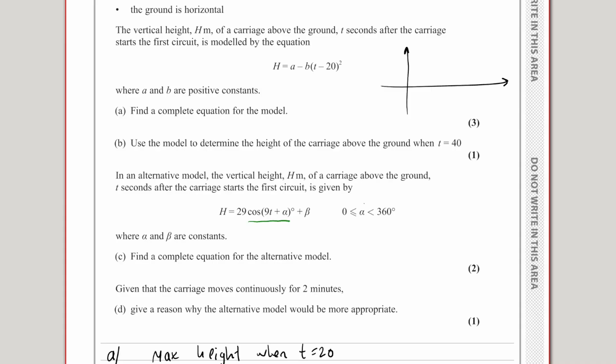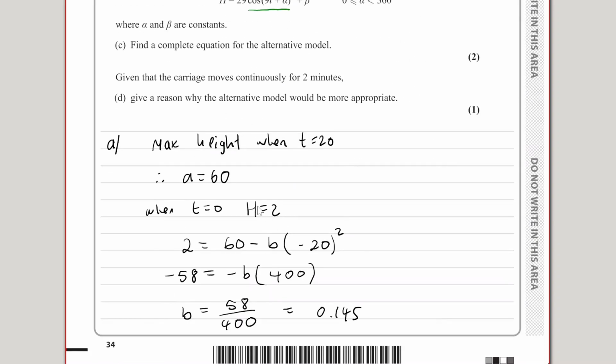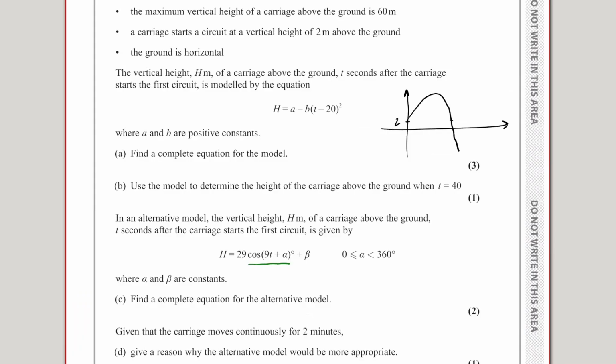So it started at 2. It went up. And then it's going to go back down. It was back at 2 after 40 seconds. Then it's going to keep going down and down and down into the ground. So that's not what we want. We don't want it to make this shape.